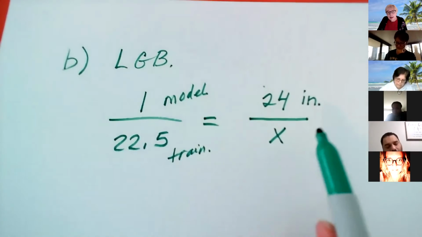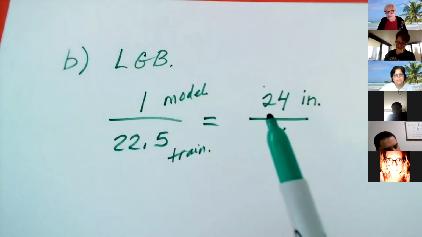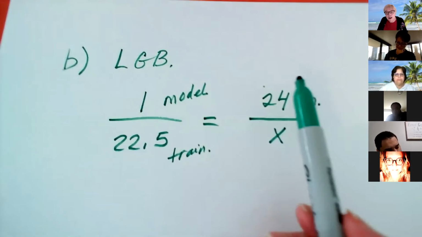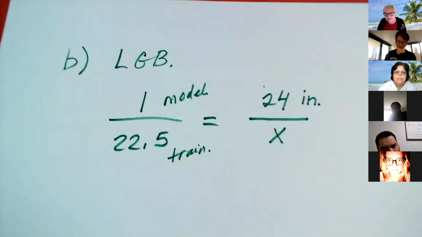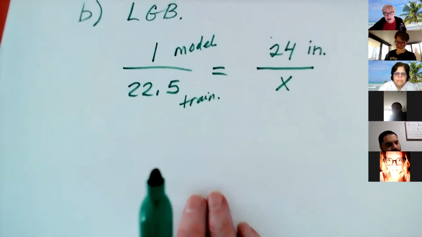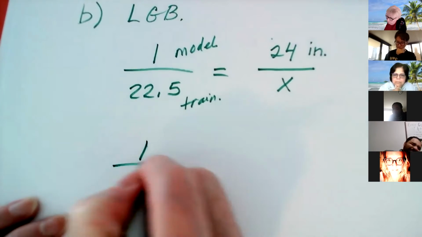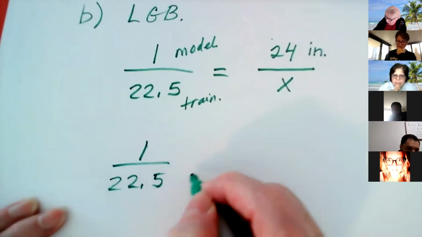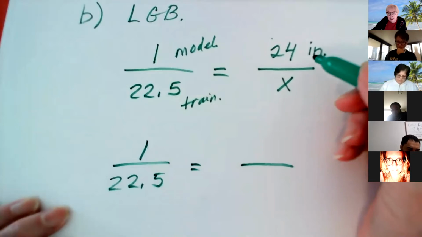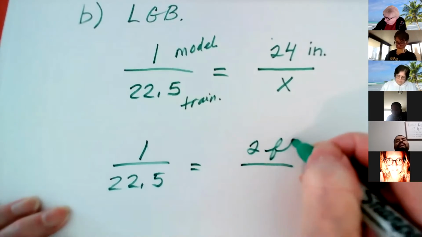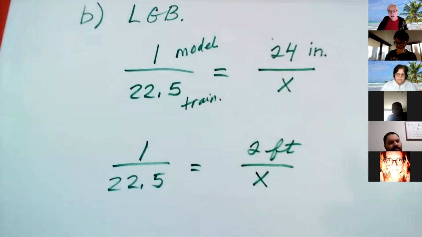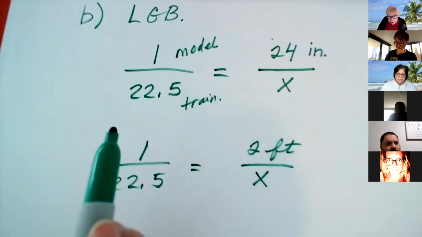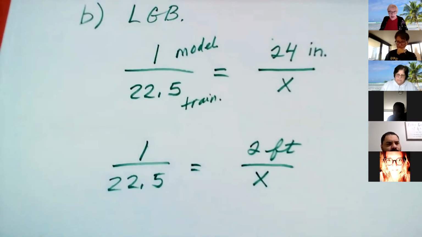So this is a horse of a different color, if I can use that expression. 24 inches would go nicely into feet, wouldn't it? So I say, why not? So I go 1 to 22.5. Instead of 24 inches, I'm going to say 2 feet. And this, of course, is X. That means when I'm done, I've got it in feet already.